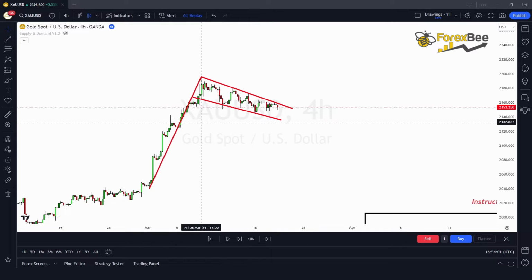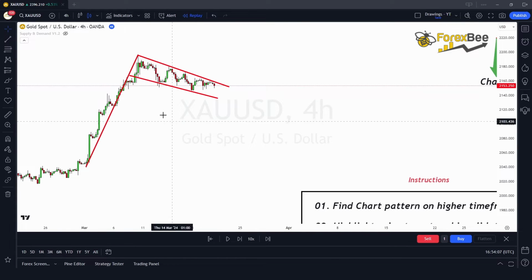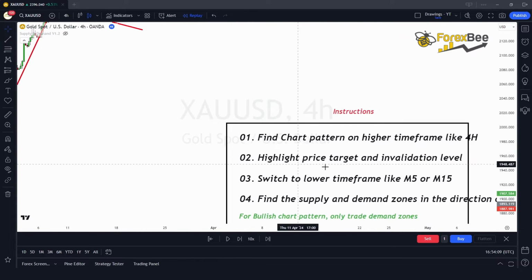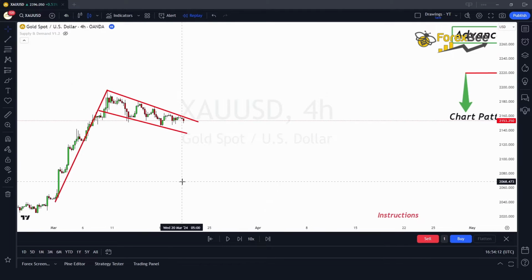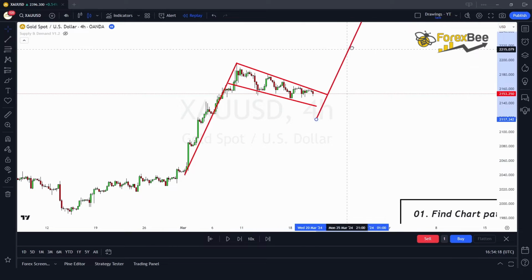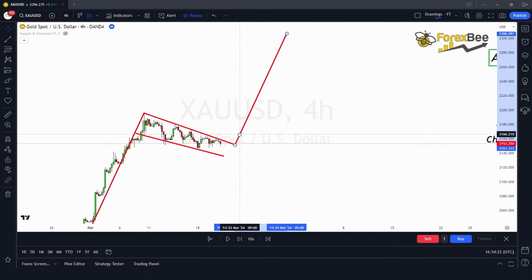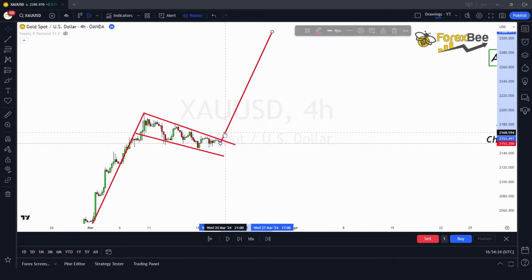Now as I said, the first step is to identify a chart pattern at a higher time frame, and then the second step is to highlight the target and invalidation level. In this case, whenever we find a flag pattern, our target is the same number of pips as there are in the first stick of the flag. So we're going to take this and put it here.